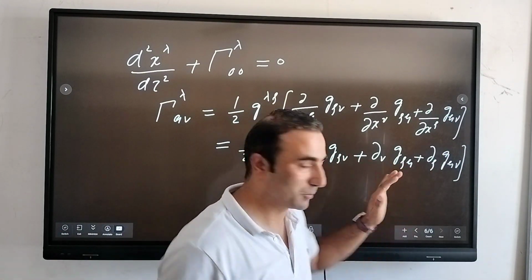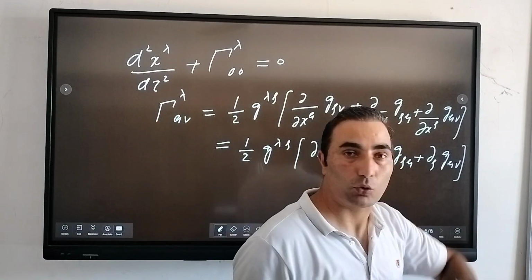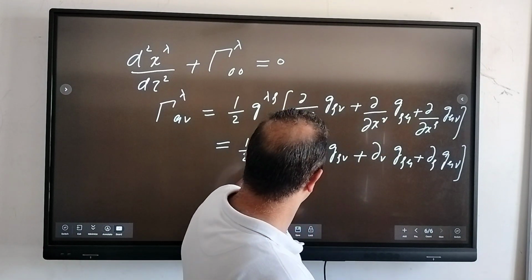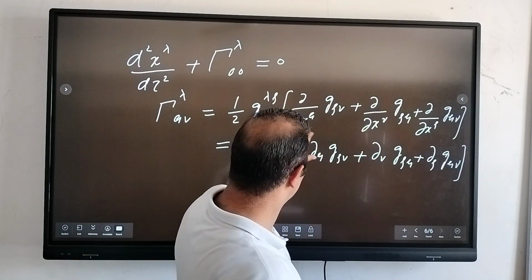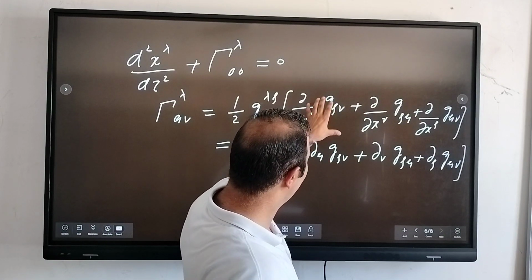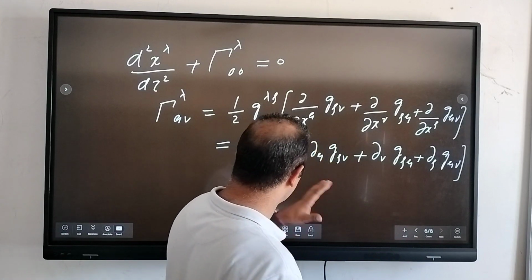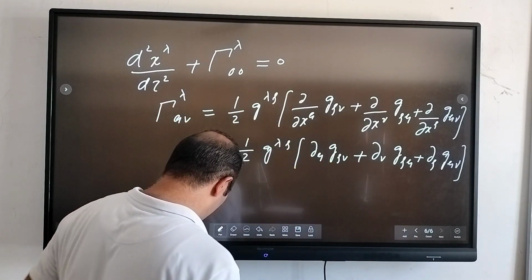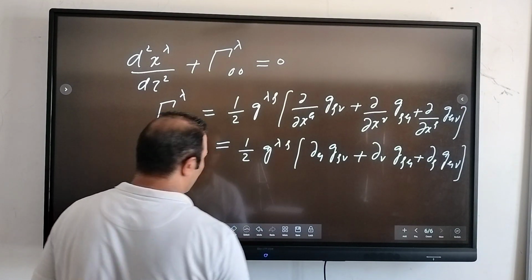I will explain where it comes from. This is basically how you write this Christoffel connection in terms of the metric tensor, right? These are the partial derivative variations with respect to the coordinate transformation, with respect to these coordinates, and these are the metric tensor, right? Let us first calculate how we can calculate this Γ^λ.